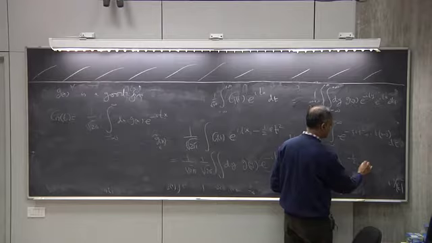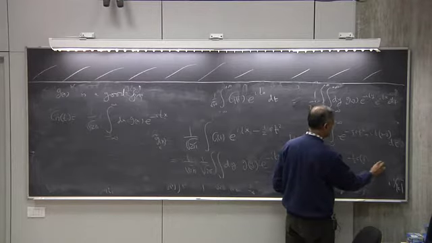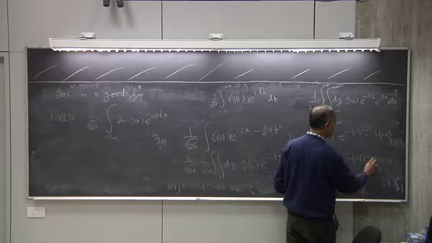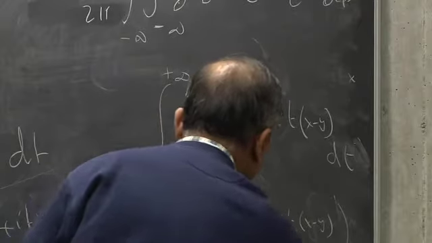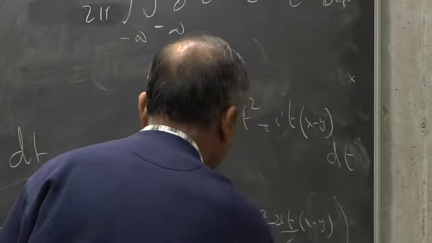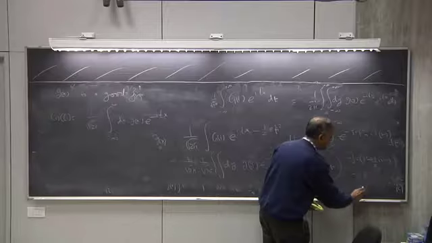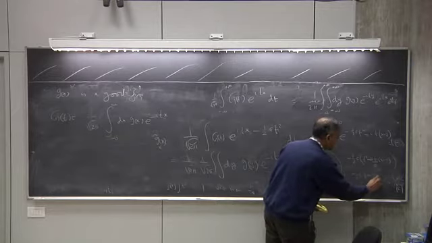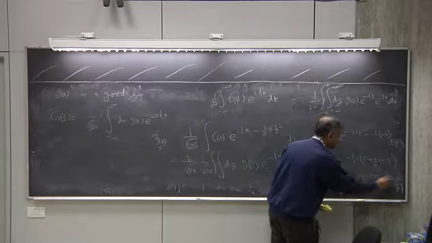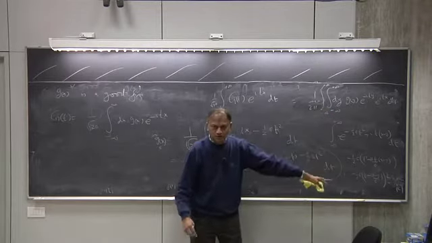So you get here t square minus 2i t times x minus y over epsilon, right? And then you can write it as a whole square, which is minus half epsilon times t minus i times x minus y over epsilon, that whole square, correct? I'm just making it into a whole square.